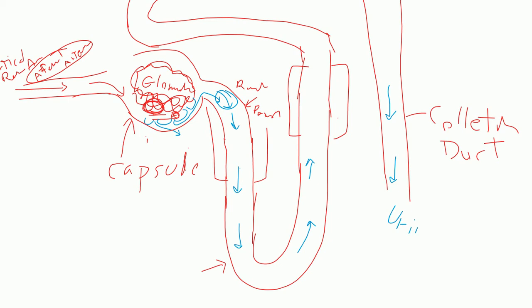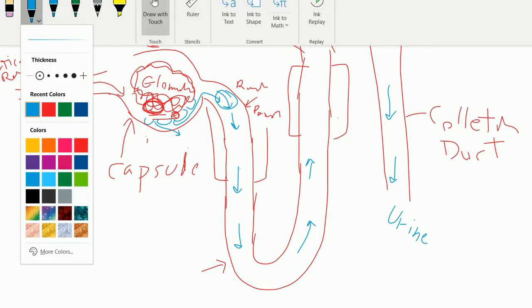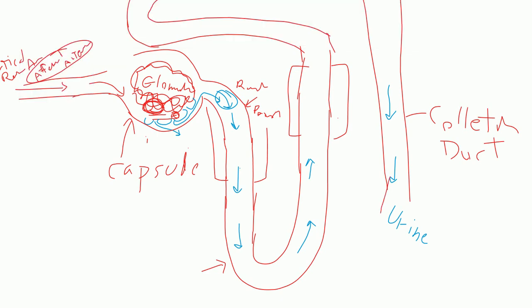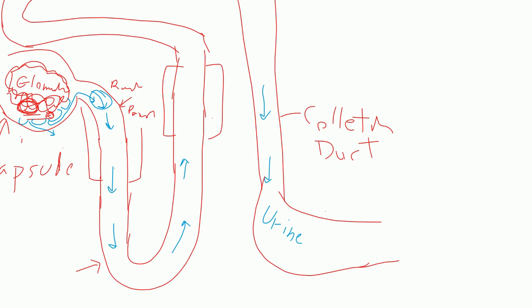So, once it becomes urine, this collecting duct, this guy right here, will continue forward. I'm going to switch back to my drawing, and this collecting duct will continue forward and become another part of the kidney, particularly the area that we call the minor calyces, which later become the major calyces.